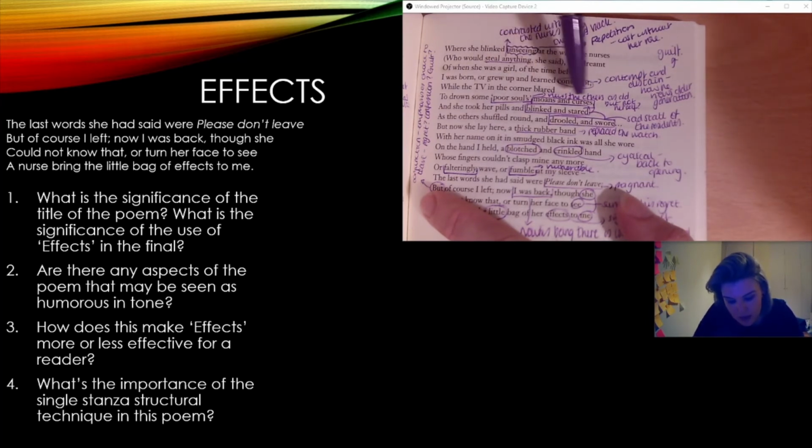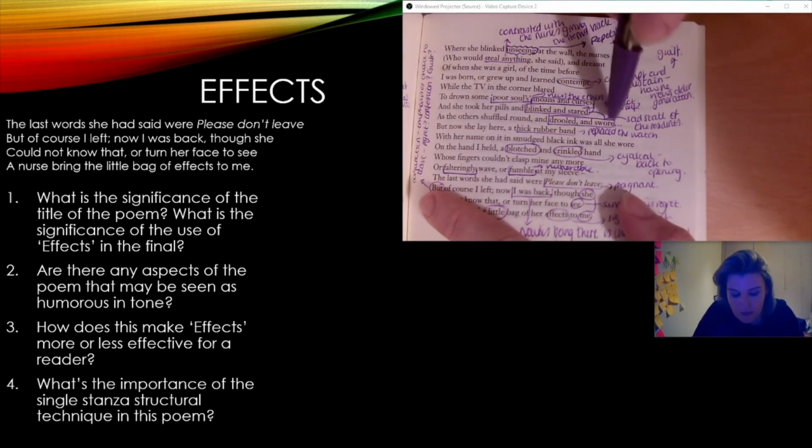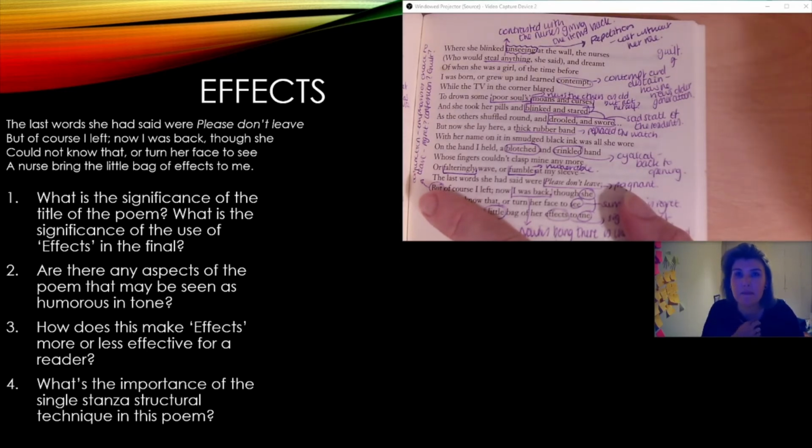Poor soul's moans and curses, and again we've got this parallelism, blinked and stared, drooled and swore. And she took her pills and blinked and stared as the others shuffled round and drooled and swore. So that antithesis maybe, it does, a juxtaposition rather, because it draws attention to the fact that his mother, although she's not behaving in that same way, she's not drooling and swearing, but she's blinking and staring.